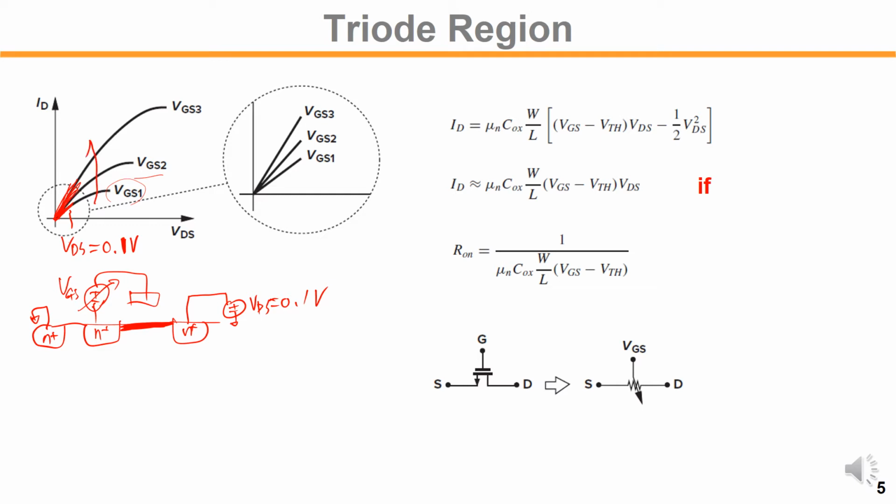It looks like a small variable resistor, depending on VGS.